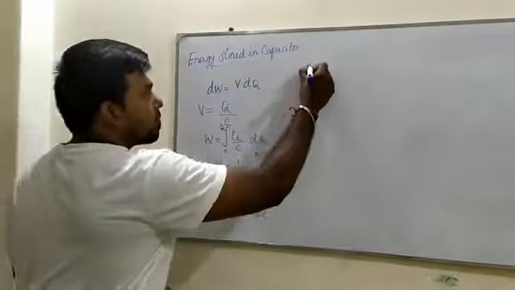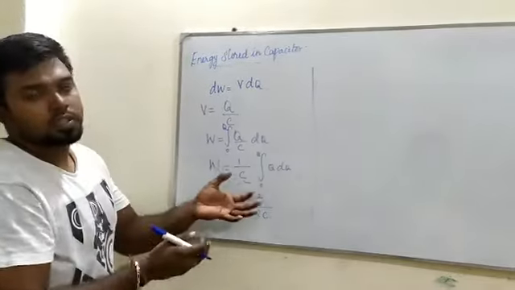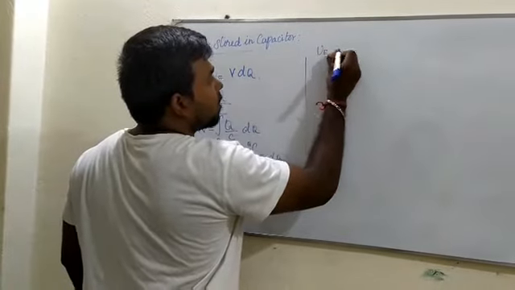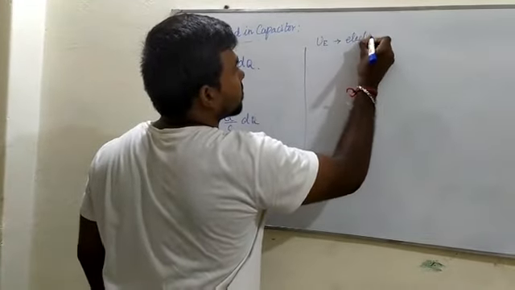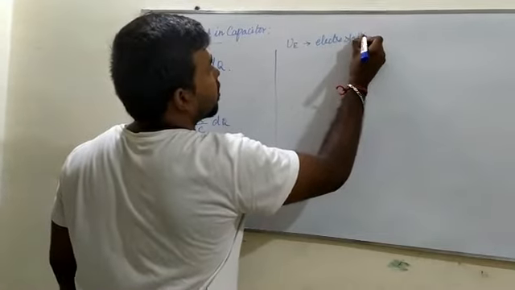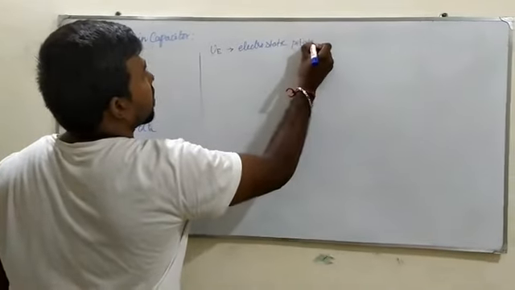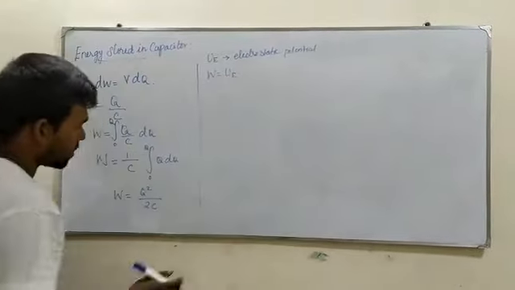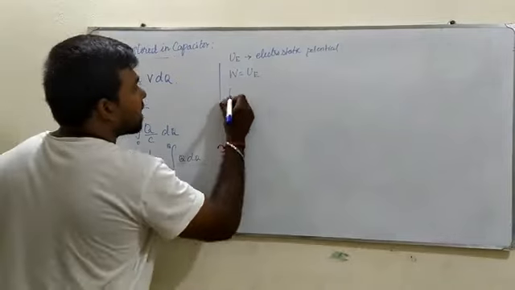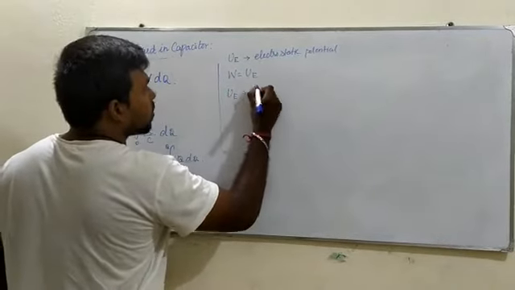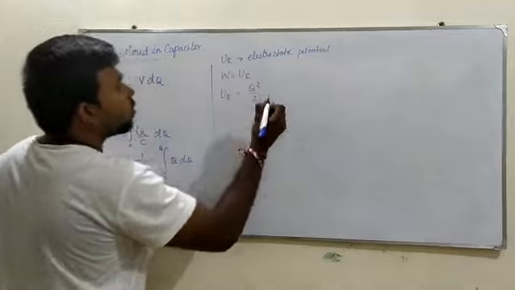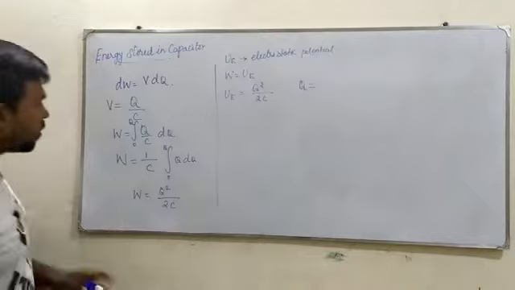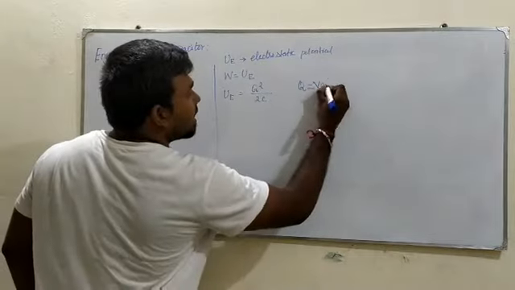Already I said the work done is stored as electrostatic potential energy, which we can write as UE, where U is the electrostatic potential energy, and the work done is equal to the electrostatic potential energy. So we can write UE is equal to Q square by 2C, and we know that Q is equal to CV.